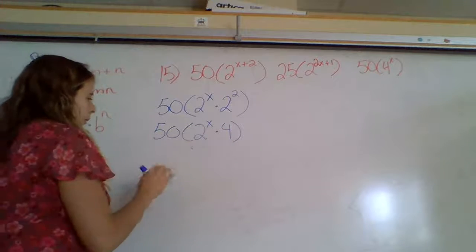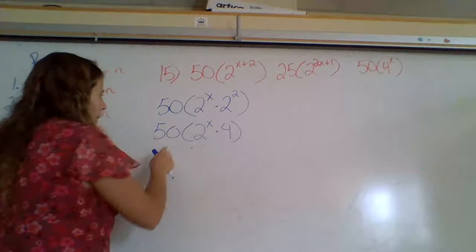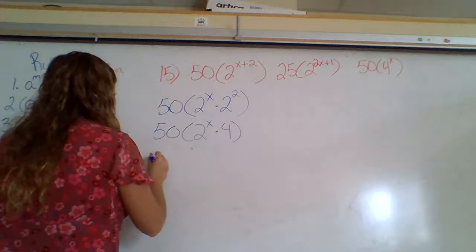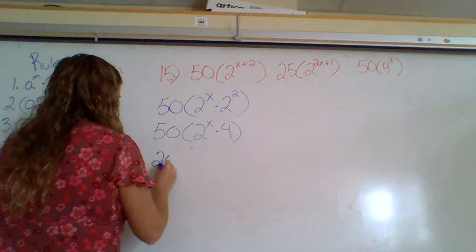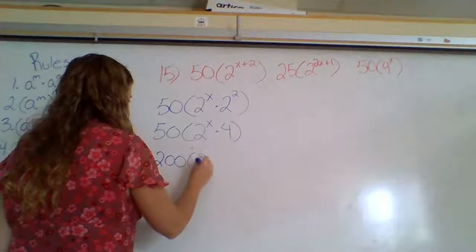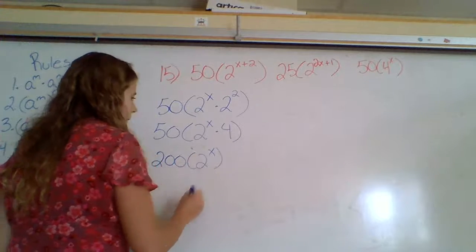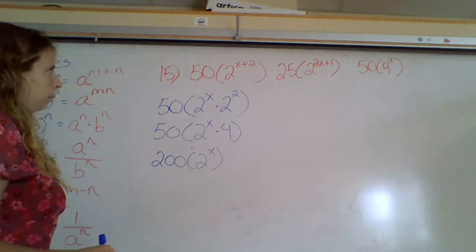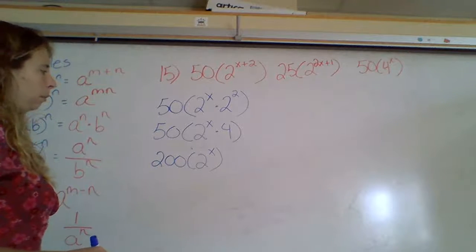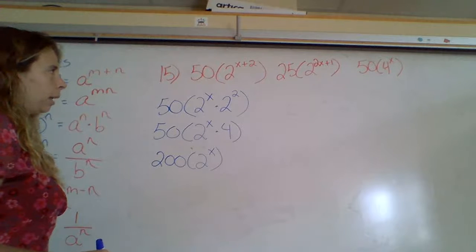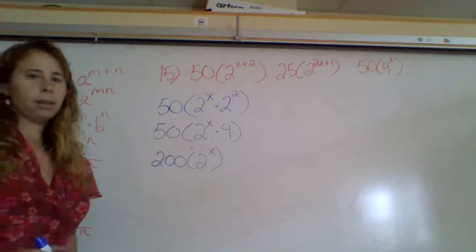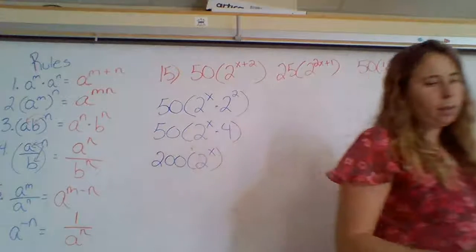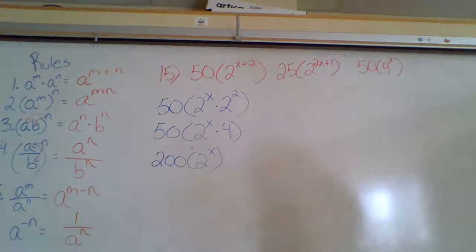And then commutative property, you can multiply in any order, so I'm going to go 50 times 4, which is 200, and then that's times 2 to the x. That doesn't look like anything that I have, but don't jump the gun. We'll keep going and see if we can manipulate it to match.